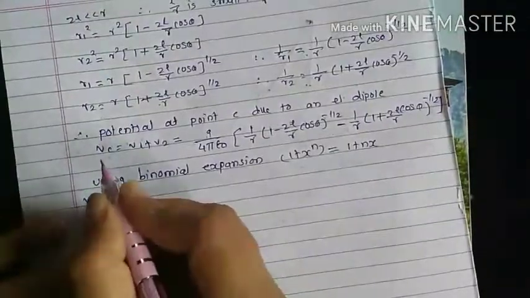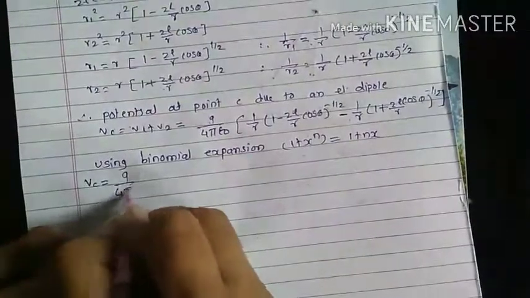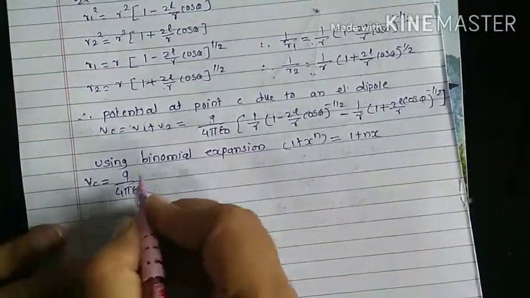We can write this Vc as Q upon 4 pi epsilon naught.